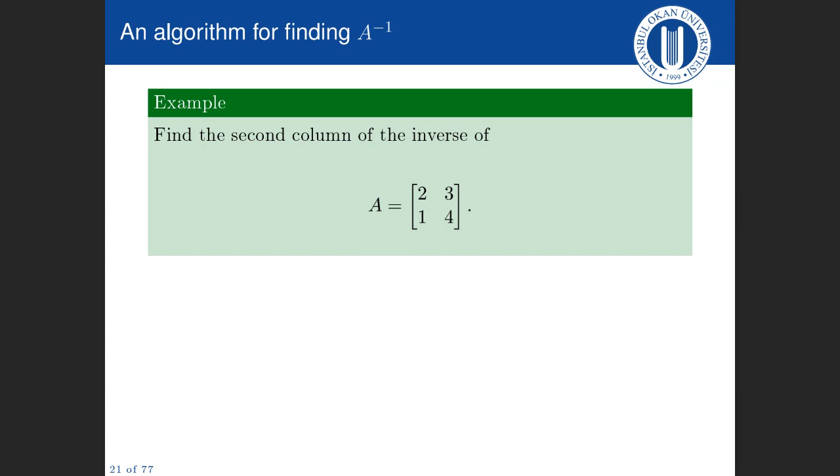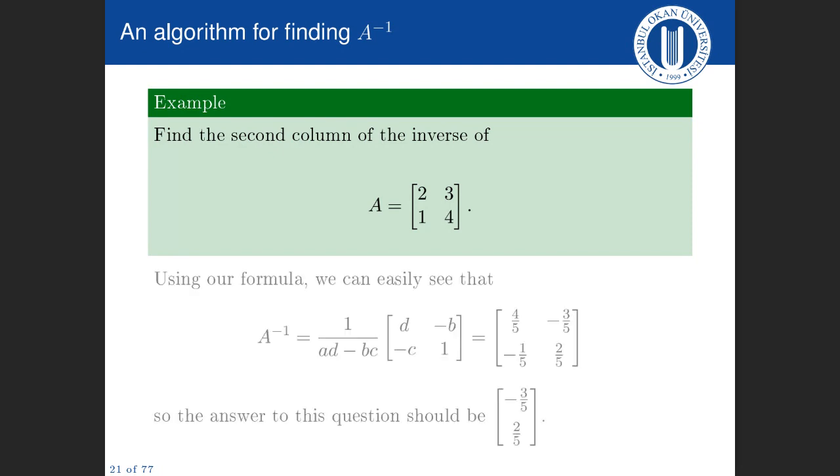For example, find the second column of the inverse of 2, 3, 1, 4. Now, before I start that, we have a formula for inverses of 2 by 2 matrices. Using this formula, we could find A inverse, and then we can see that the answer to this question should be minus 3/5, 2/5.